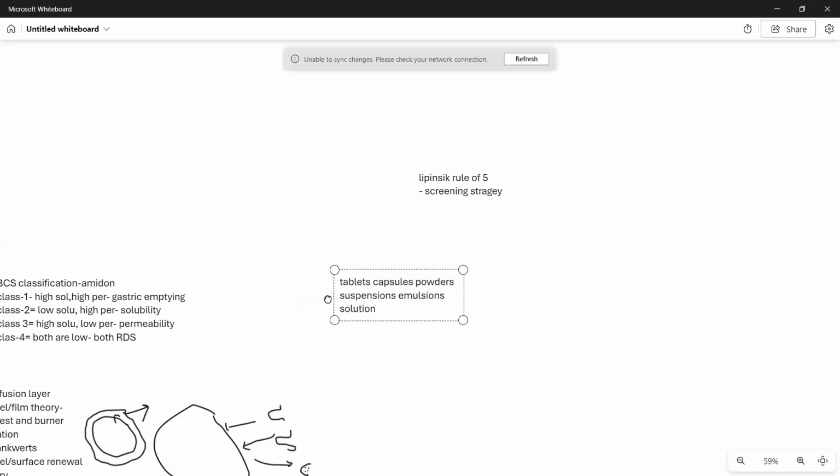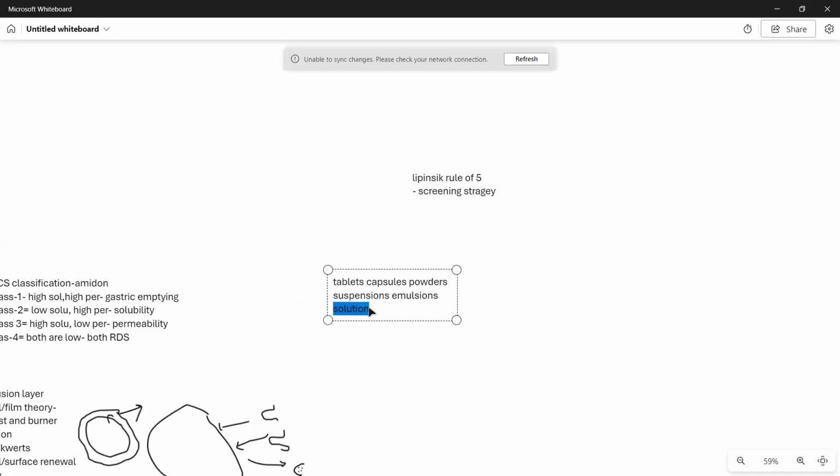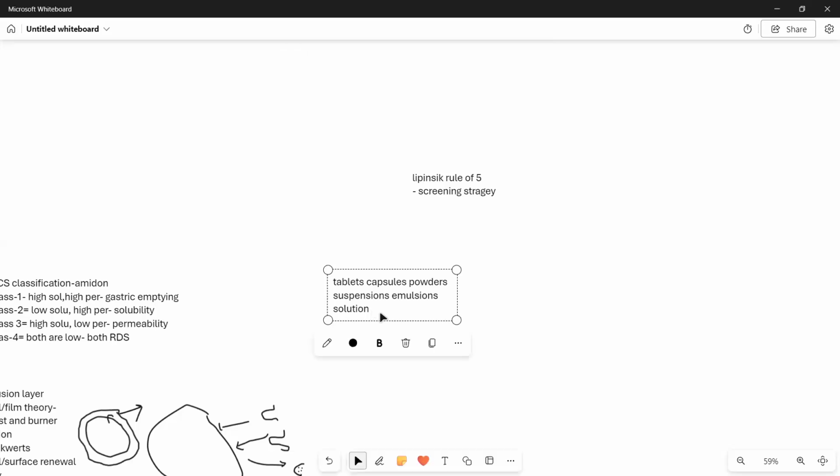Coming to the solution dosage form, which comes under the category of liquid dosage forms, is there any step of dissolution? No. So provide me the order of oral bioavailability between tablets, capsules, powders, suspensions, emulsions, and solutions.